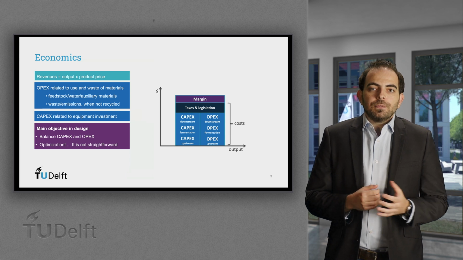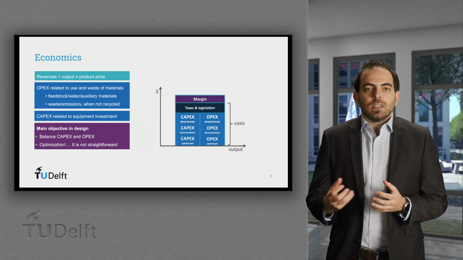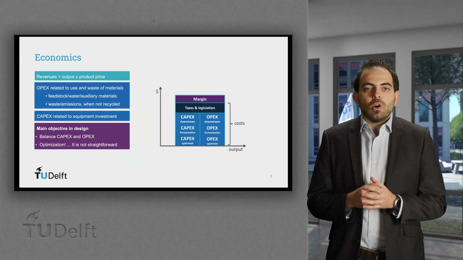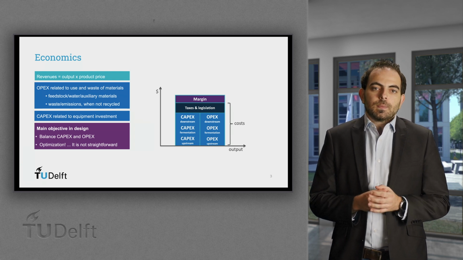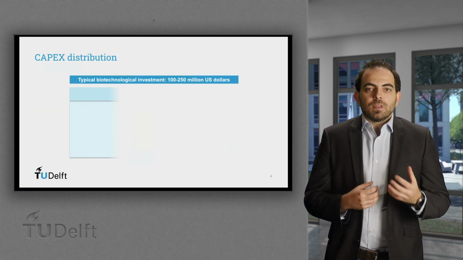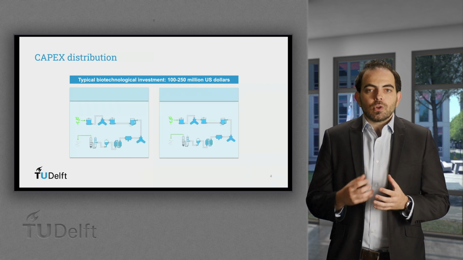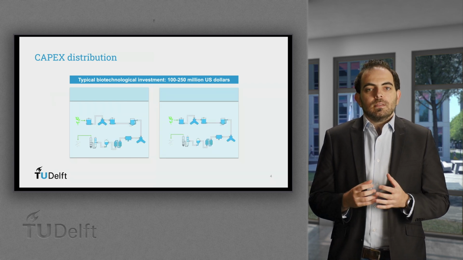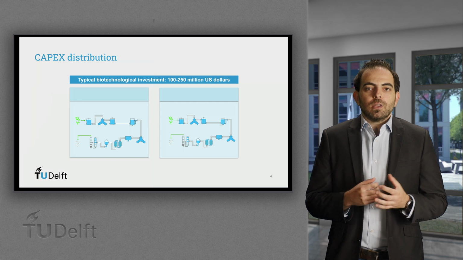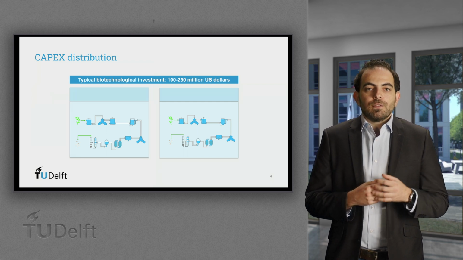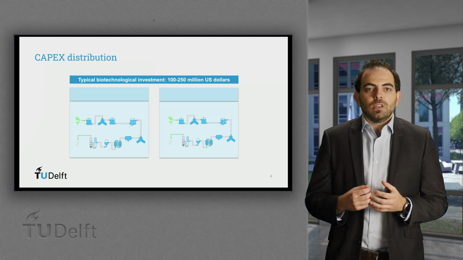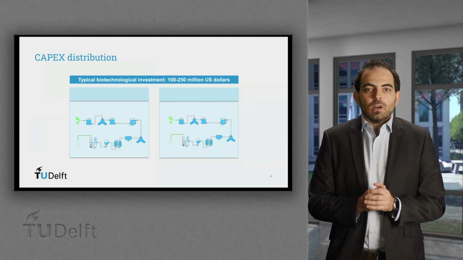What we would like to have is one simple recipe with ingredients that are always needed to design all unit operations in the process. The capital expenditure of a facility depends strongly on the type of product that is made. Typically, industrial biotechnology processes have an investment of 100 to 250 million US dollars.